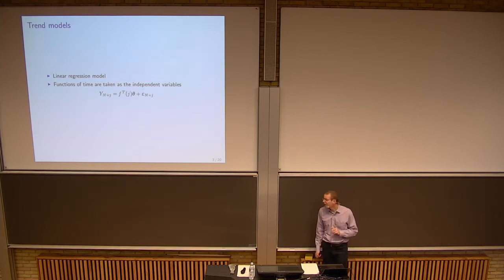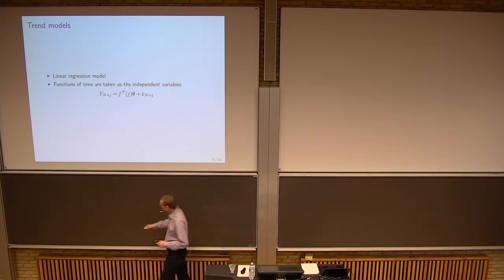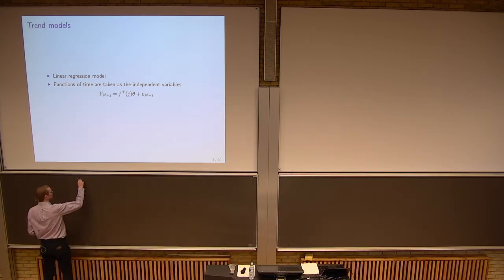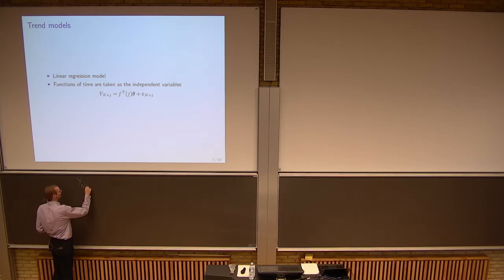So, one way of formulating this is the following. You have the observation y_N, where N is the last, so we have uppercase N observations in total, plus j, where j may be positive or negative.